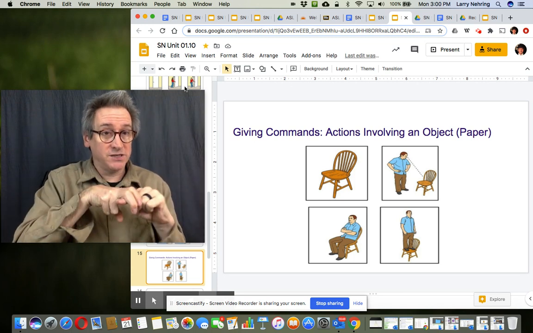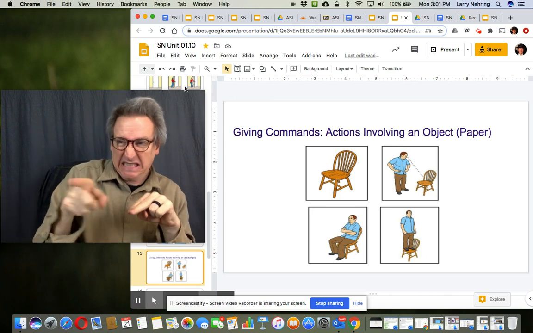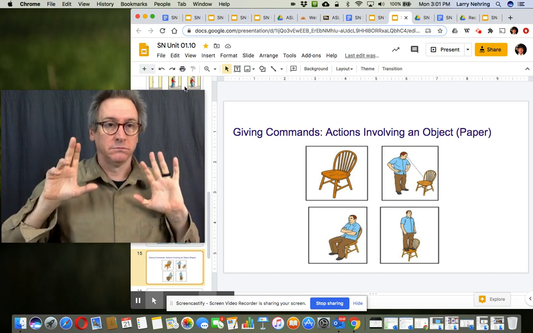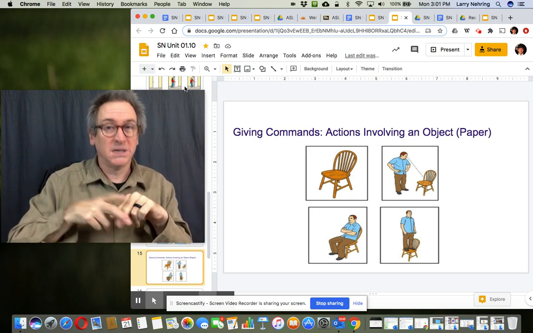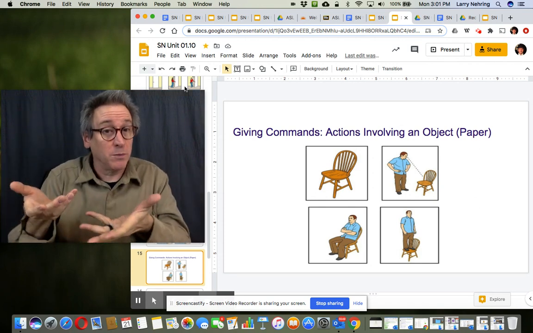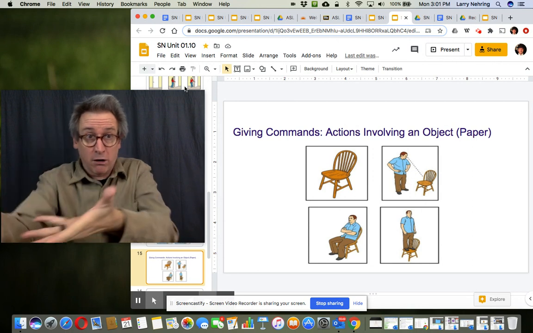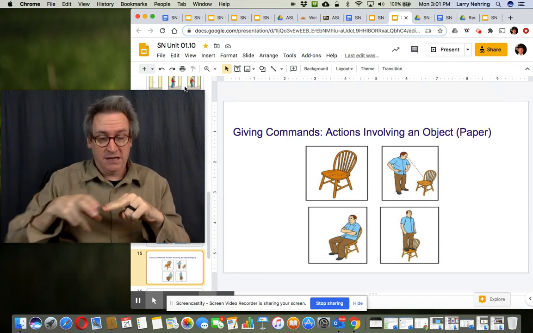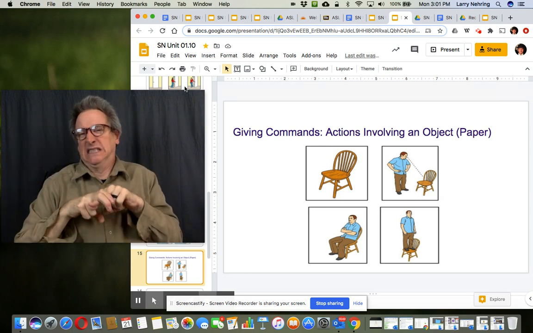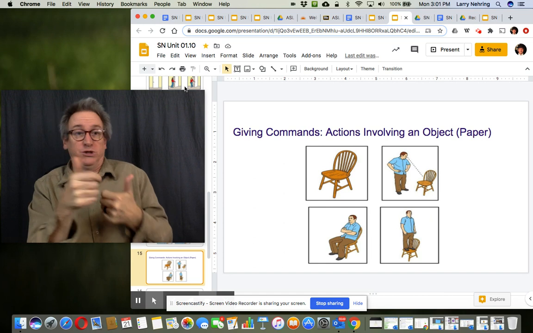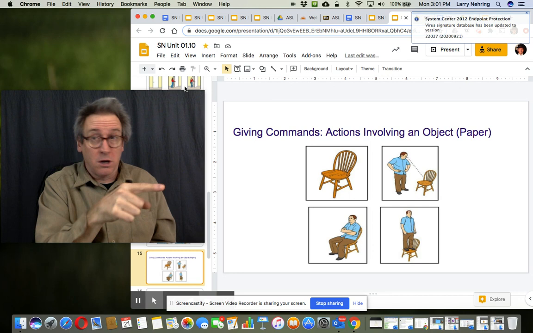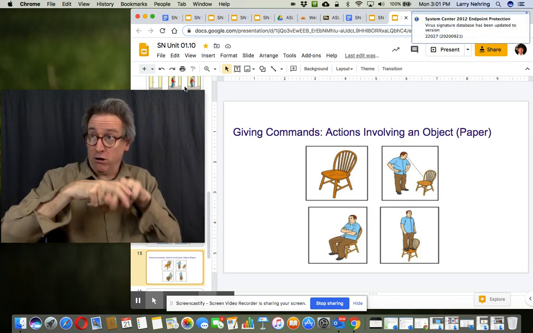So we saw this was sit. Chair is just 2 taps. Like if I wanted someone to bring me the chair, I'd say, chair, over there, bring it to me. Okay. So chair, sit. So if I want you to sit in the chair over there, I'd be like, hey, you sit there, chair.